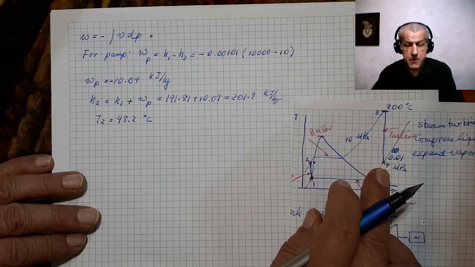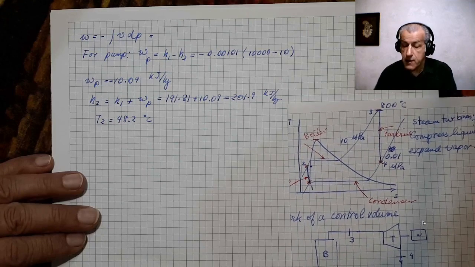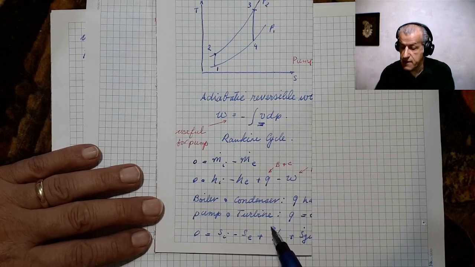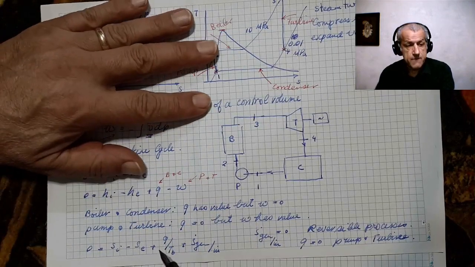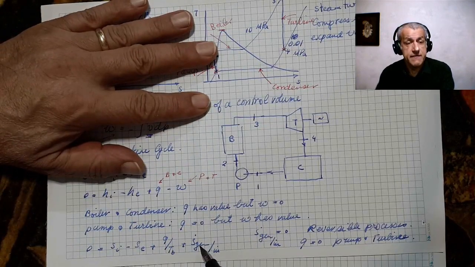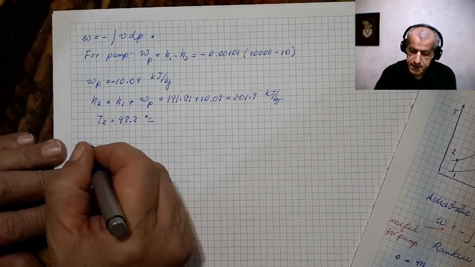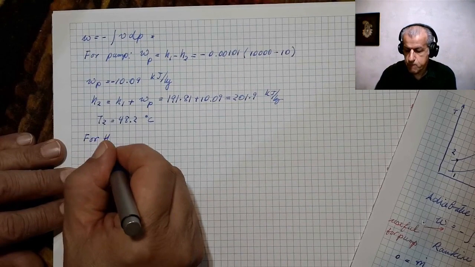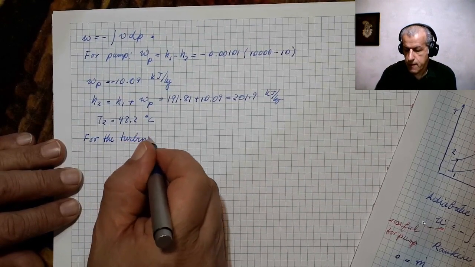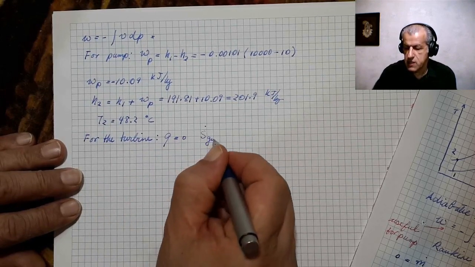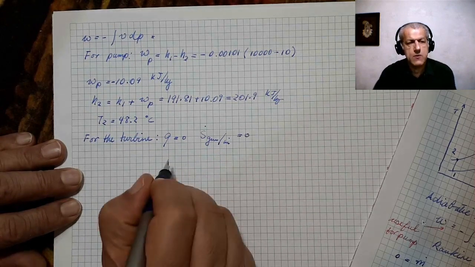And the key property that we have is that the process is isentropic. The turbine has no heat transfer, and it is reversible. So Si and Se would be equal for the turbine. And what we write is that for the turbine, Q equals 0 and S dot gen over M dot also equals 0.